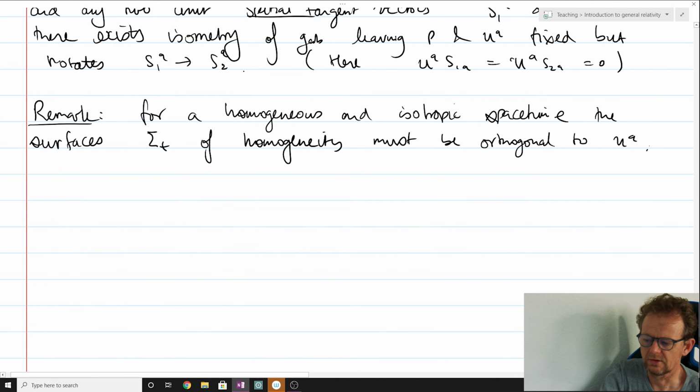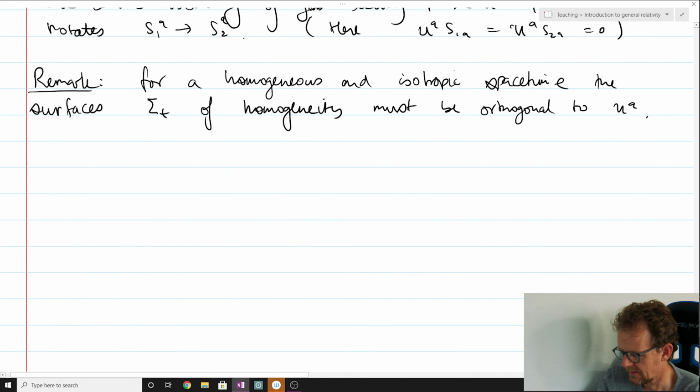And you can convince yourself why that must be the case. Because if it weren't, then there would exist a point P where you could pick a geometrically preferred spatial vector, and that would violate isotropy.